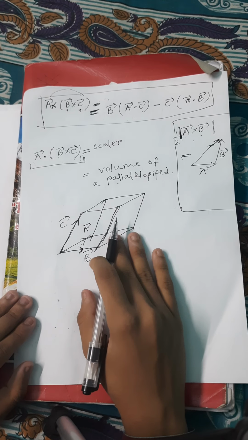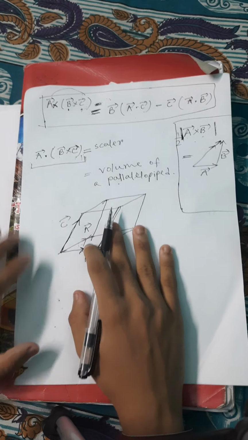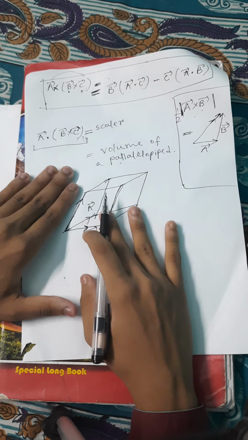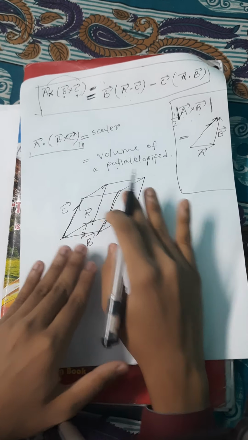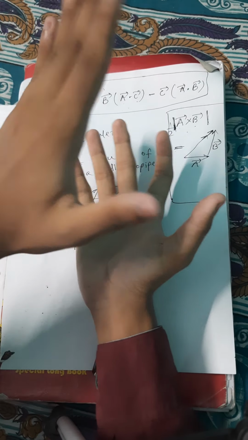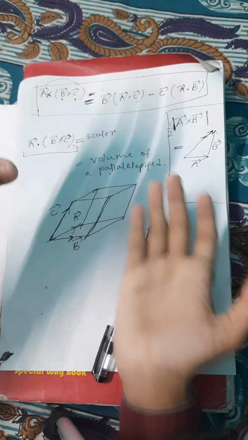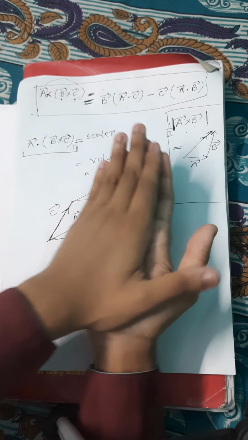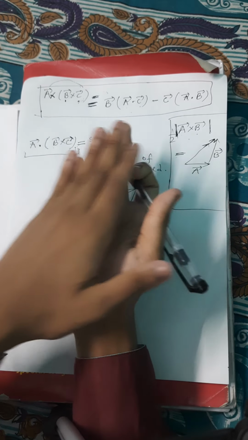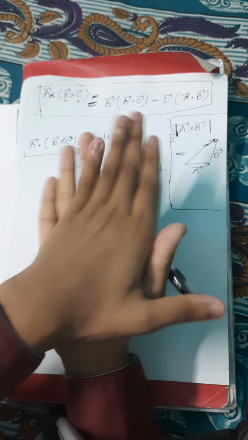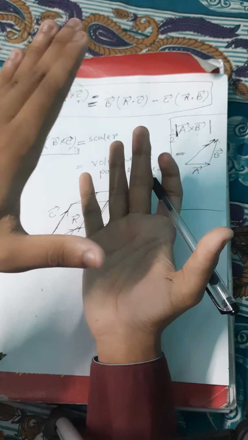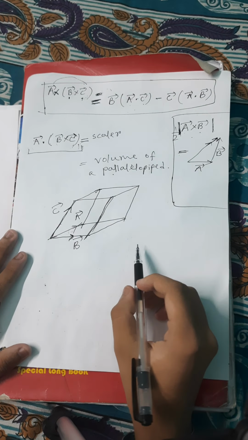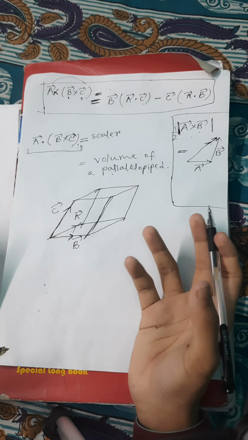Now you can see a property. If A, B, C are coplanar vectors, then the volume will be 0, because the parallelepiped converts into just a sheet. So the volume will be 0.